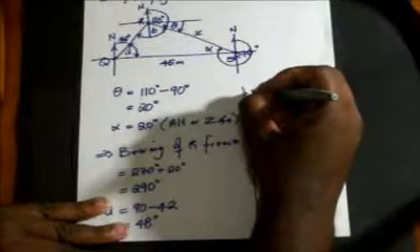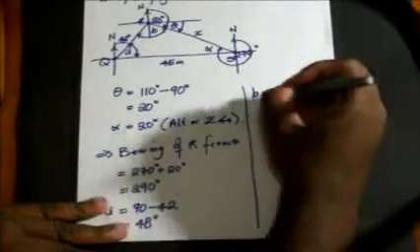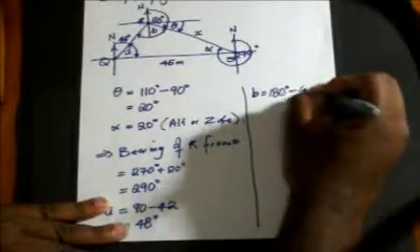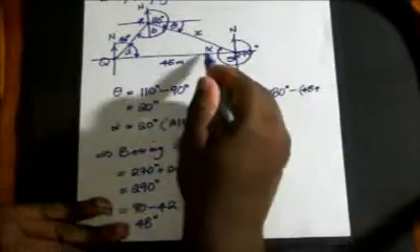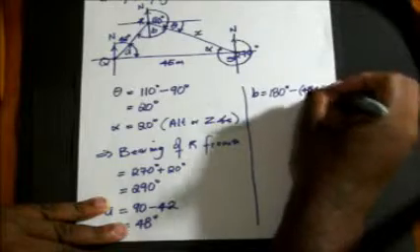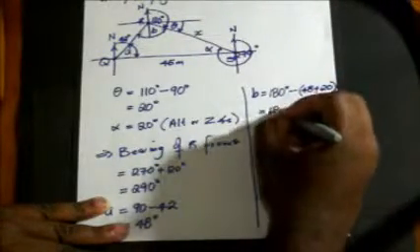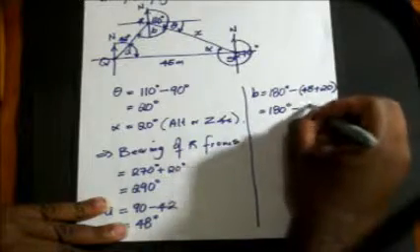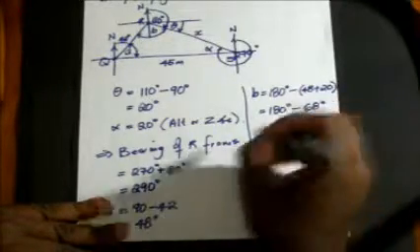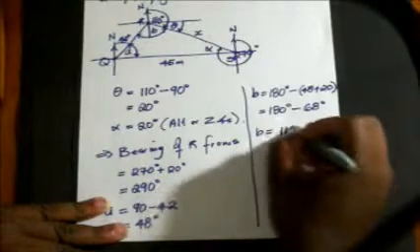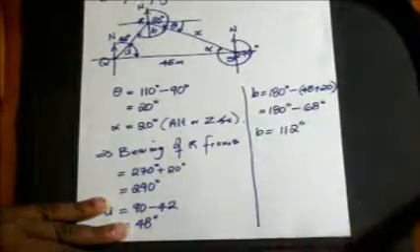Therefore, angle B is equal to 180 minus A, which is 48, plus alpha, which is 20 degrees, which is 180 minus 68 degrees. It means that B is equal to 112 degrees.